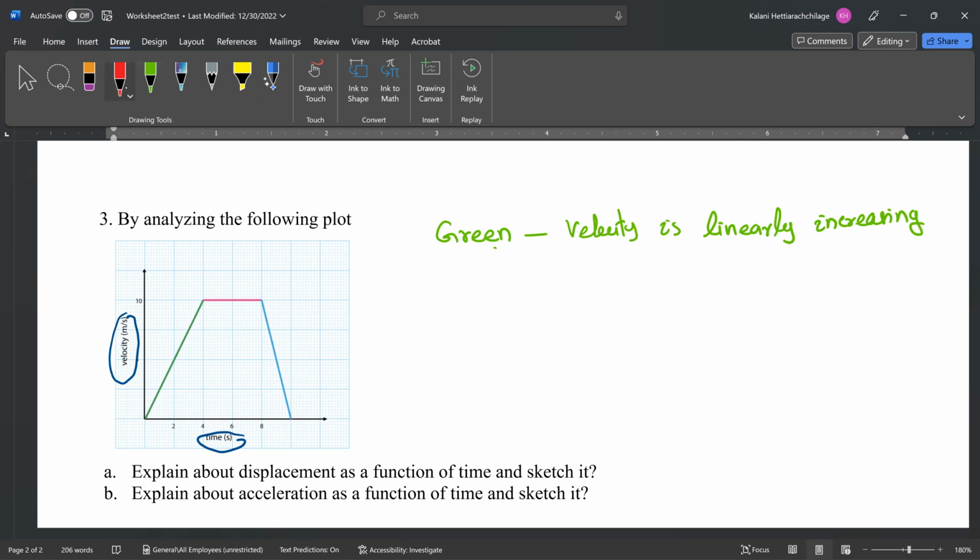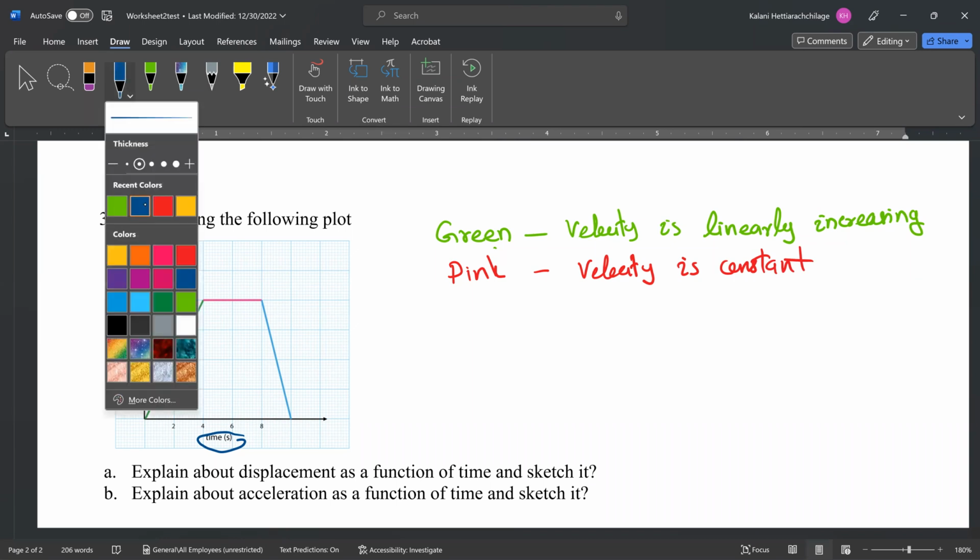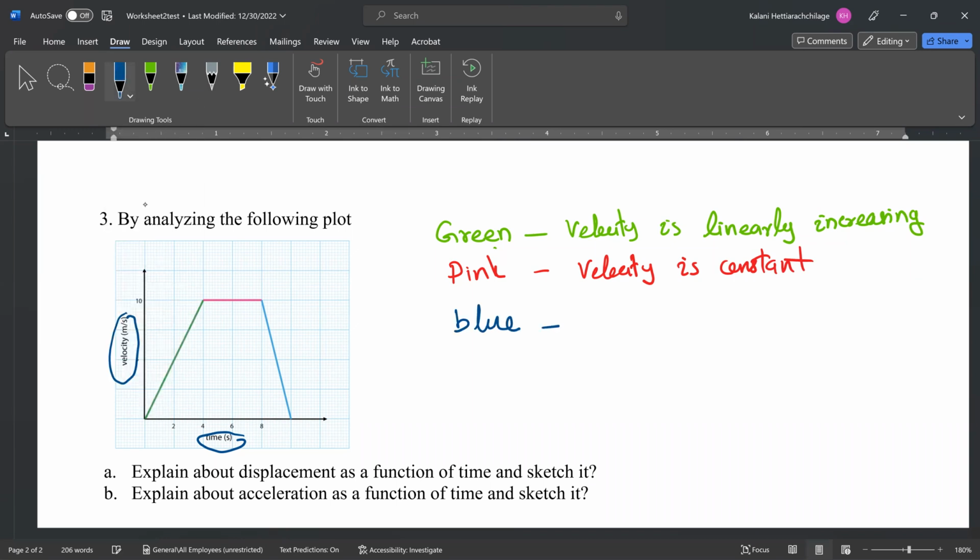And pink, velocity is constant. By watching the plot, you should be able to understand this. And the third one is blue. Blue velocity is linearly decreasing. So that information is important.